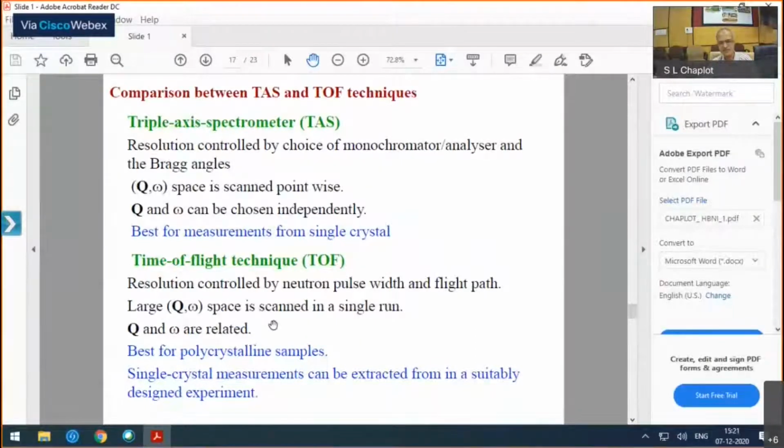There are some relations between Q and omega, but this is quite okay. These techniques are usually best used for polycrystalline samples, where one really needs the overall picture in the Q-omega space. However, single crystal experiments can also be done by taking data suitably out of the range of Q and omega.